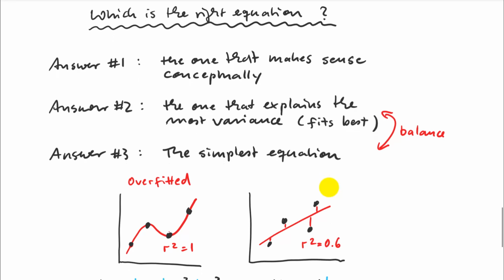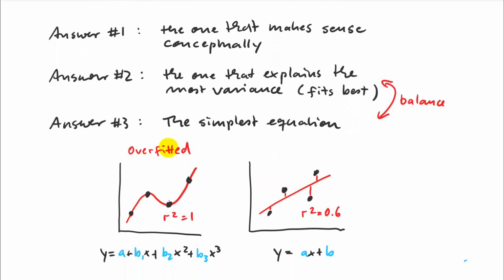I can show you this here with an obvious example of overfitting. Let's say you have these 4 points and you want to fit an equation here and establish a relationship between the x and y variables. You can always find a polynomial function that goes through every single point. This is an extension of the parabolic function. If you add x to the power 3, x to the power 4, and so on, you will always find a function that fits through every single point.